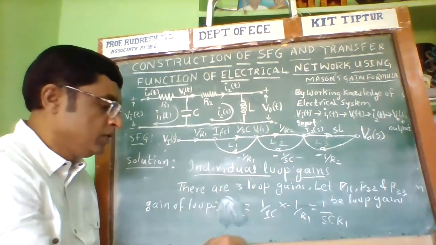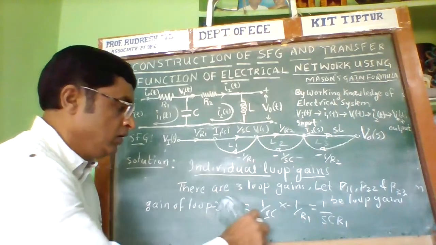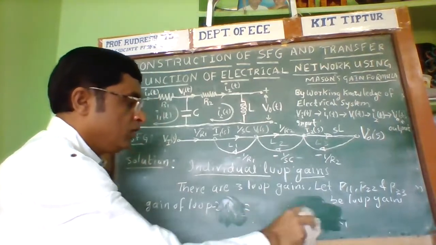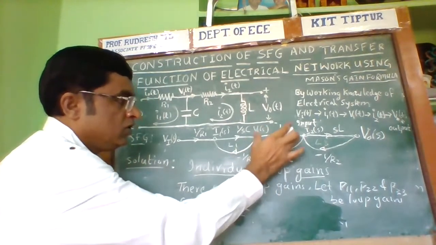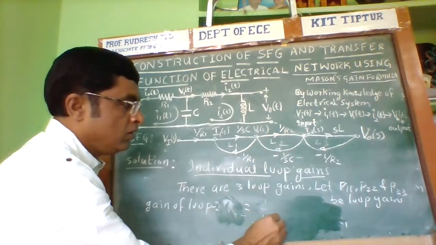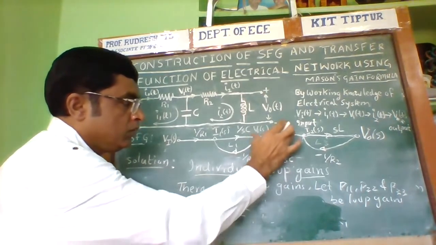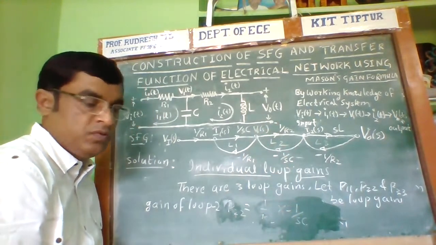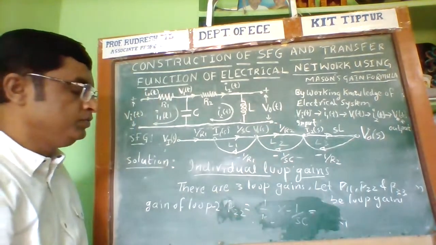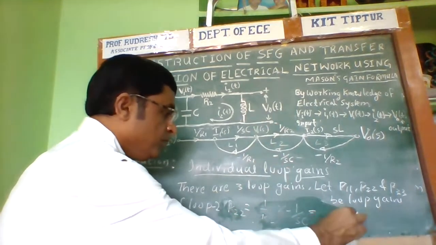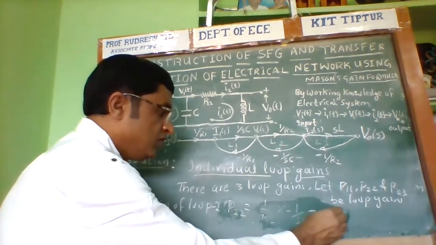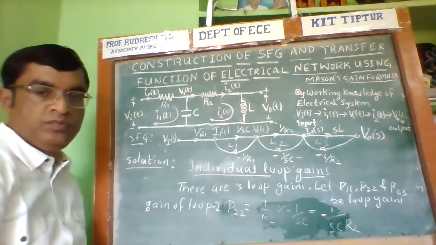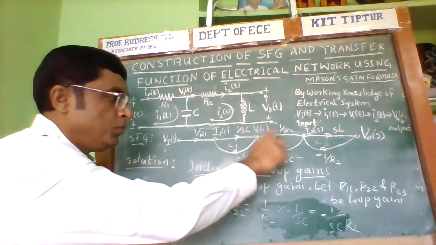The gain of loop 2 is obtained from the branch transmittances, so 1 by R2 into minus 1 by SC. Therefore, the value is minus 1 by S into C into R2. This is the gain of loop 2.